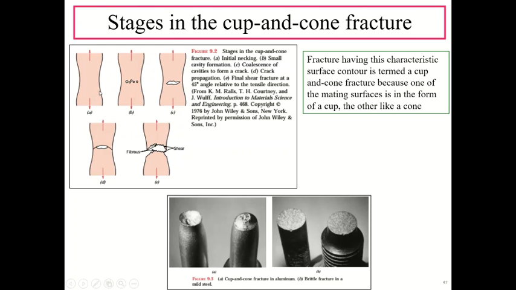In the first stage, an initial necking, or neck formation, takes place due to the tensile load application. In the second stage, you can see small micro voids will be formed. Small cavities or micro voids will be formed due to the application of load, and these can occur in the central region, and we can observe them under the microscope.